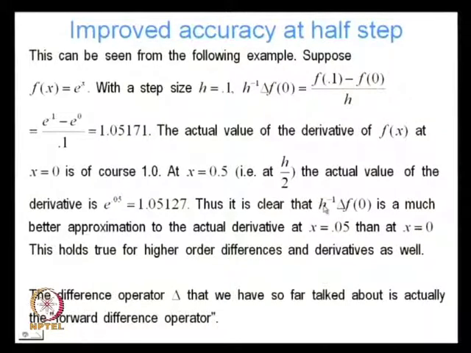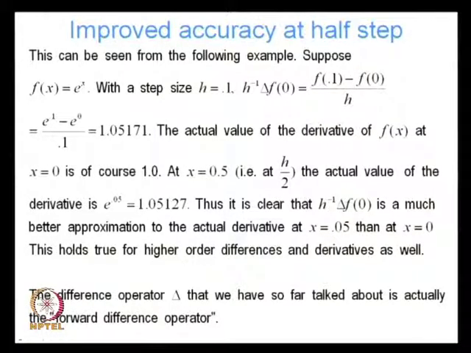Thus it is clear that h to the power minus 1 delta f0 is a much better approximation to the actual derivative at x equal to 0.05 than at x equal to 0, right. It is a much better approximation at the midpoint of the interval rather than at the end point, right. We just showed this for the first difference and the first derivative. It holds true for higher order differences and higher order derivatives as well, right?